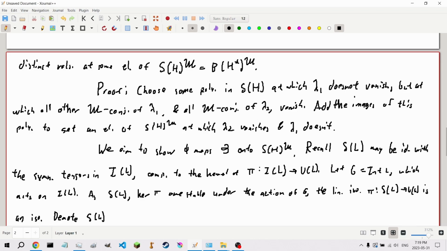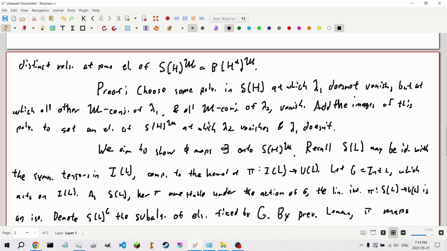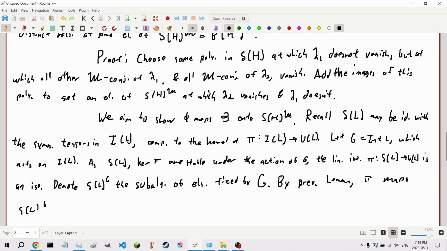To note, by S of L to the G, the subalgebra of elements fixed by G, by a previous lemma pi maps this S of L to the G onto the elements of the universal algebra fixed by G. And note that pi here is not a homomorphism, it's just a linear map.